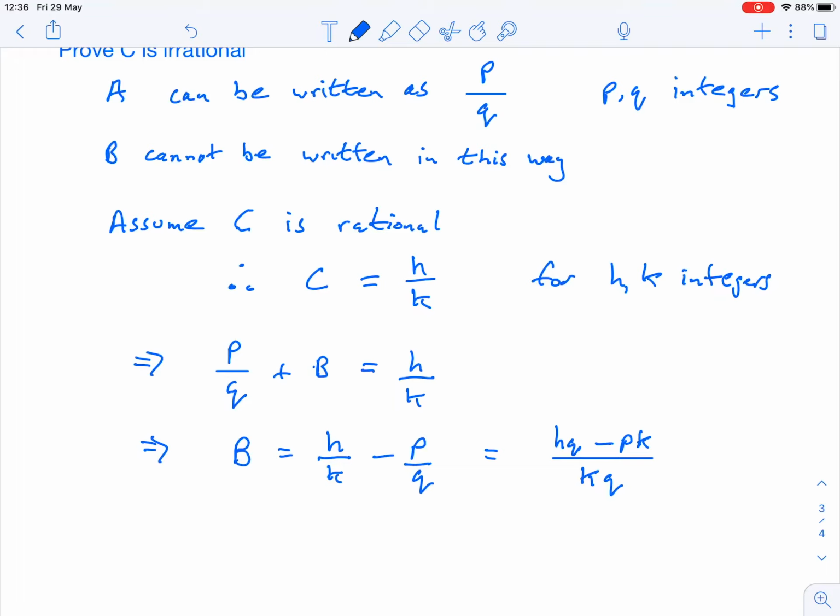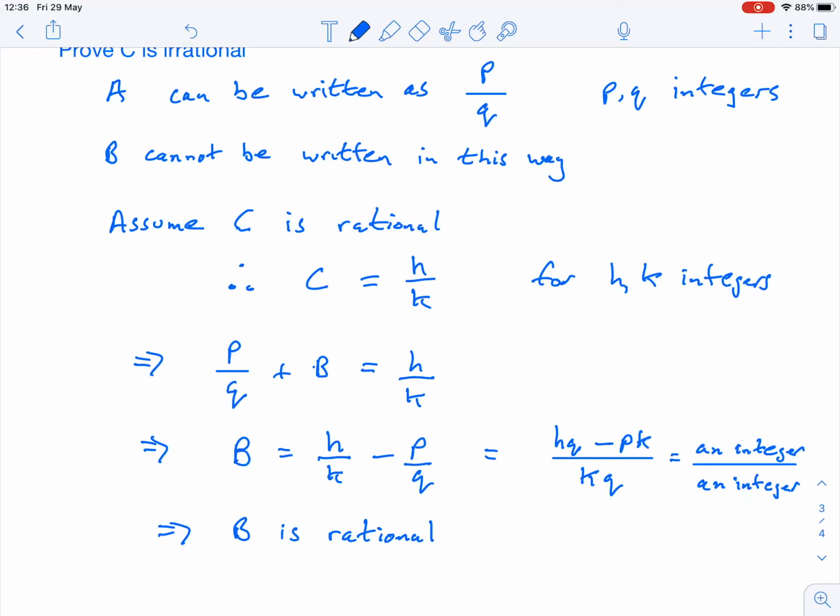Well, it is, because they're all integers, h, k, p and q, and if you have an integer times an integer minus an integer times an integer, on the top I've got an integer, and on the bottom an integer times an integer is some other integer. But that means that b is written as an integer divided by an integer. So that implies that b is rational.